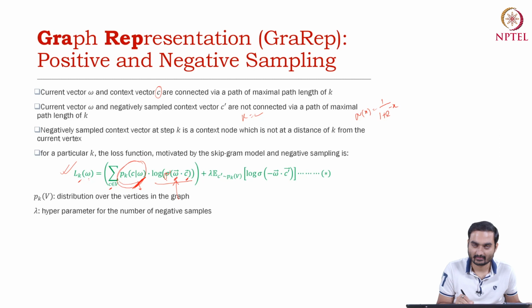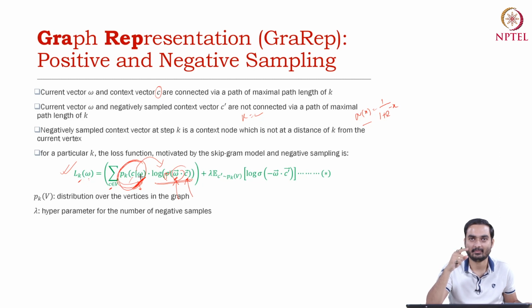The W vector is the representation of the word W, and this is the representation of the context vector C. You pass this through a non-linearity and then through a log. So, a higher value gives higher weightage to this one. If C and W are similar, they have lots of shortest paths of size 2, and we give more weightage to this one.